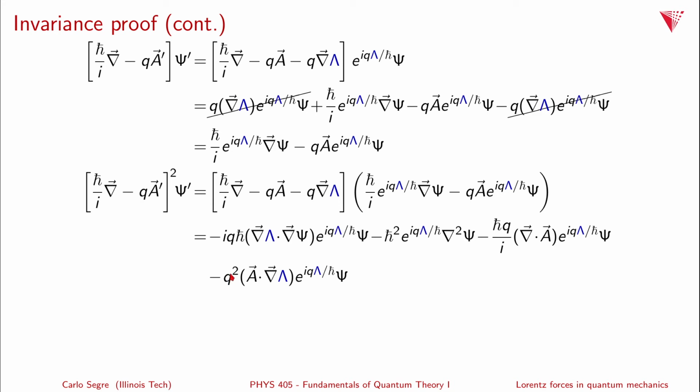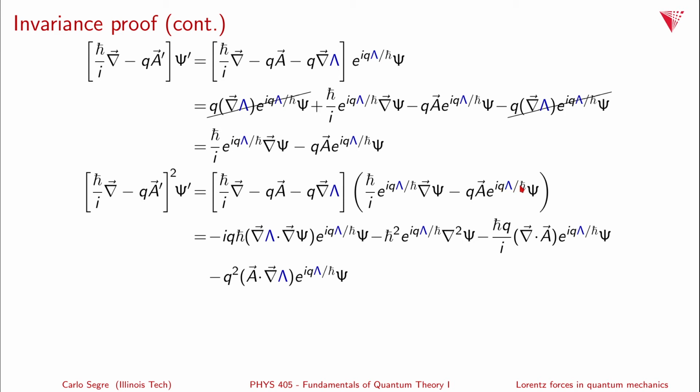The second term over here gives you minus q squared, because you pull down the second term here. When you take the gradient of this term, you get an i q over h bar pulled down.